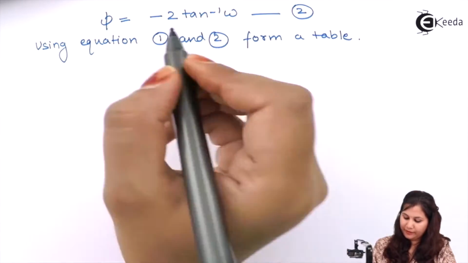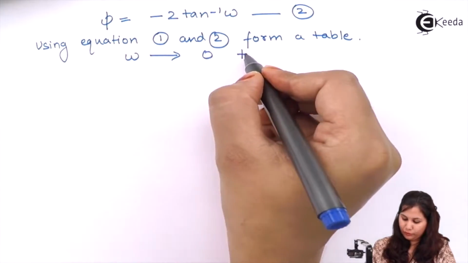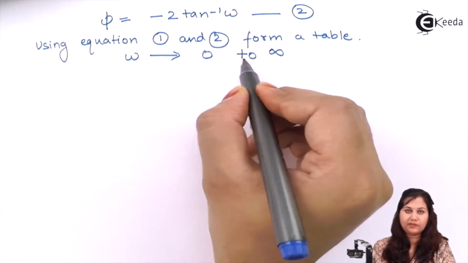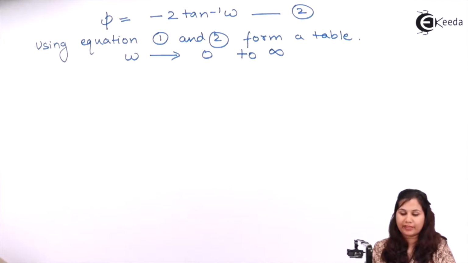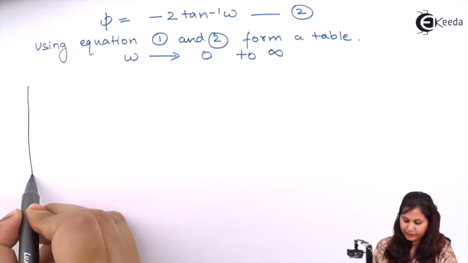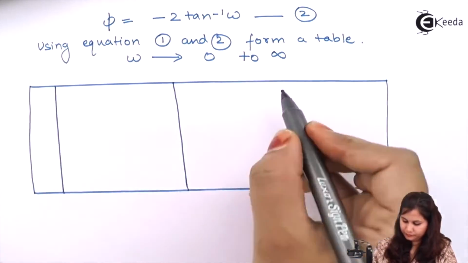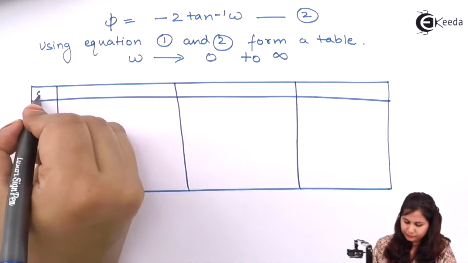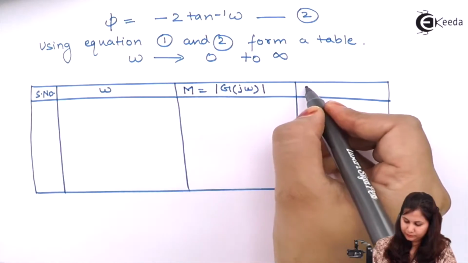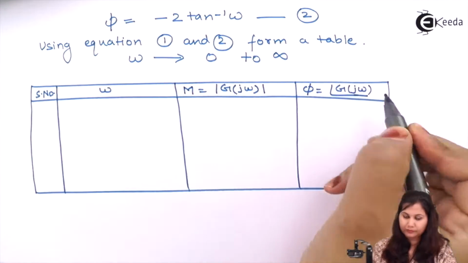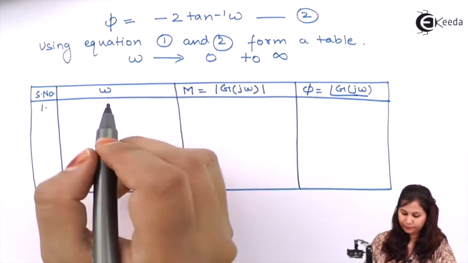In this table, the value of omega, that is the frequency, will be varying from 0 to infinity. For these various values between 0 and infinity, we will find out the magnitude and the phase angle. So let's form a table here. Let's take the first value of omega as 0.